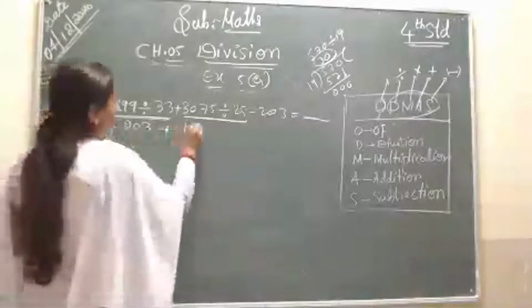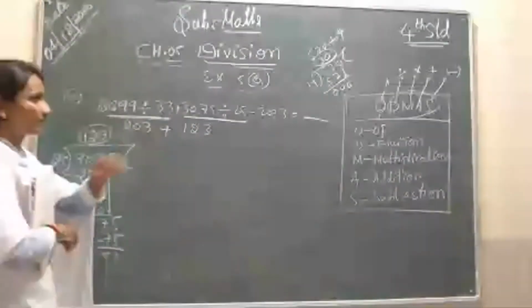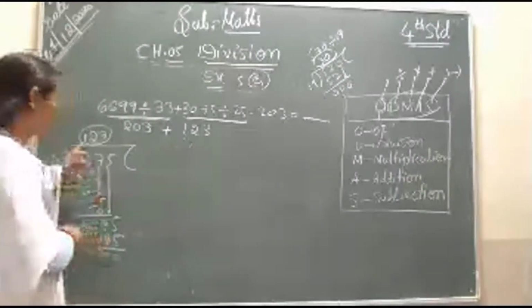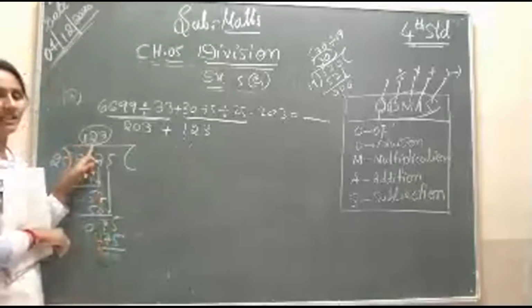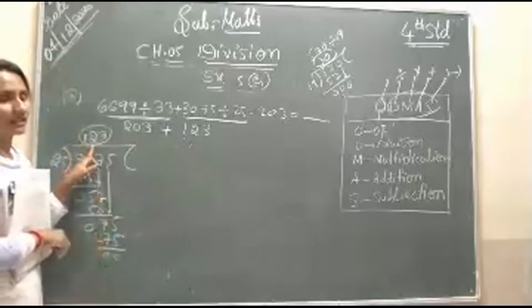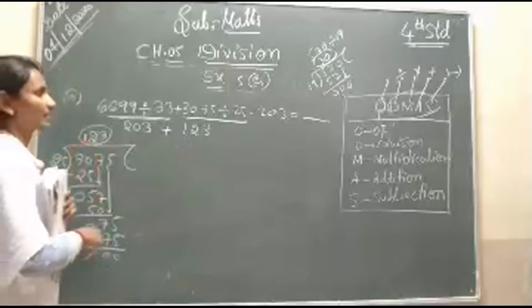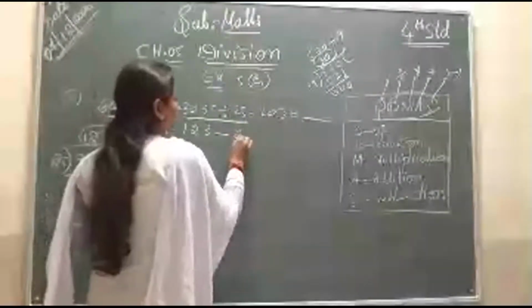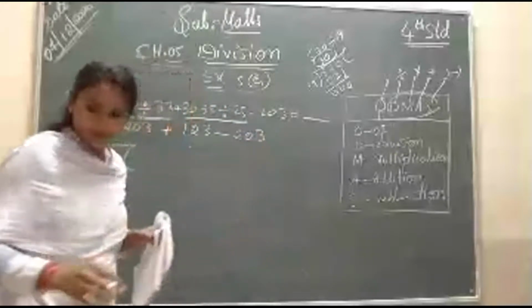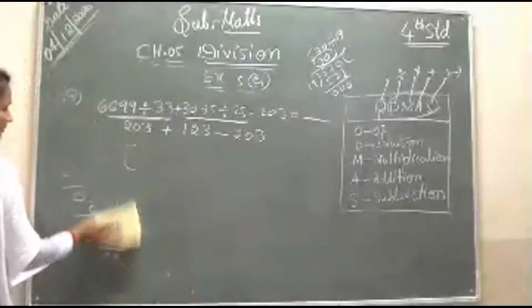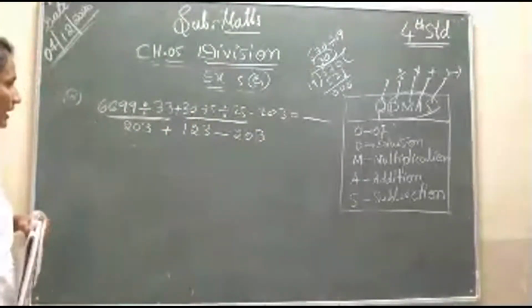So because I have to write, students, 3075. What is the result? The quotient you have to consider, that is the result, 123. Next minus 203. Can you see, students, what is the next step?